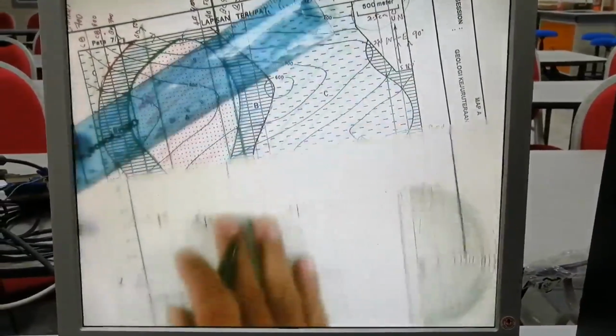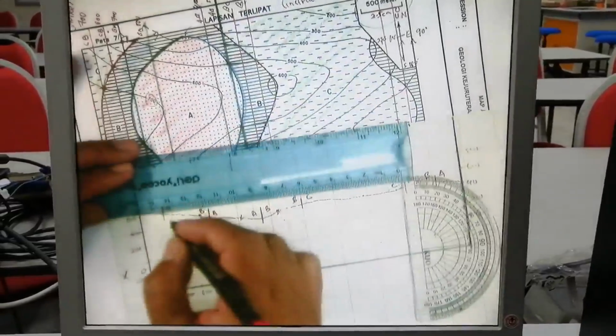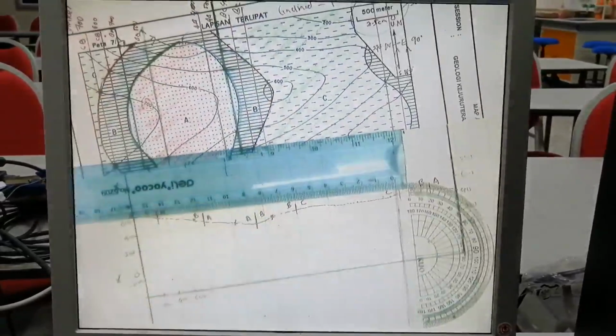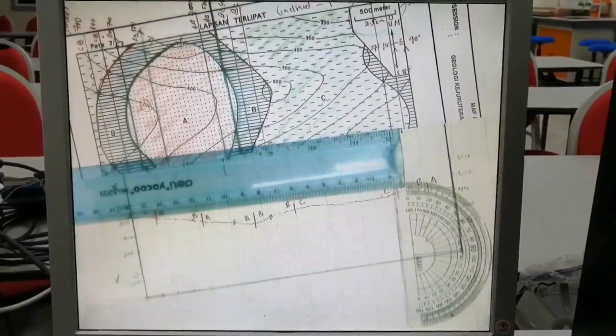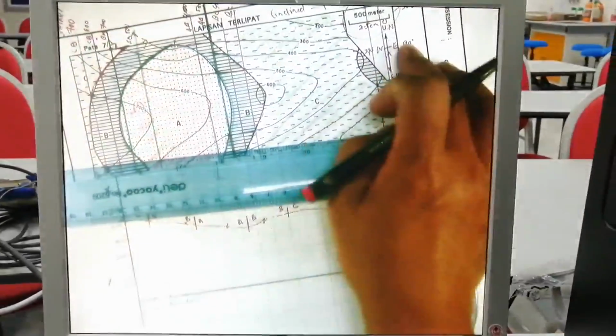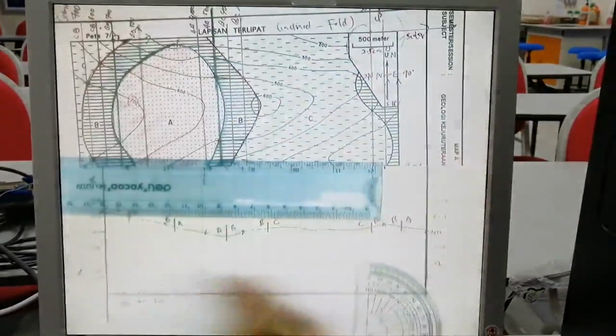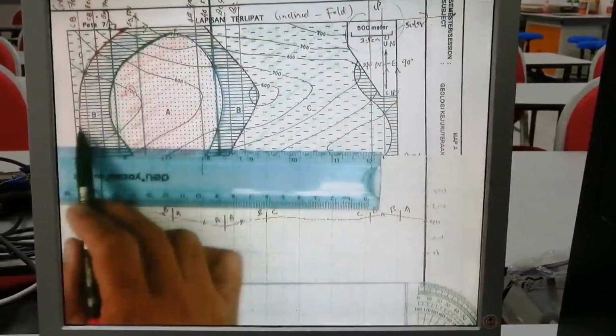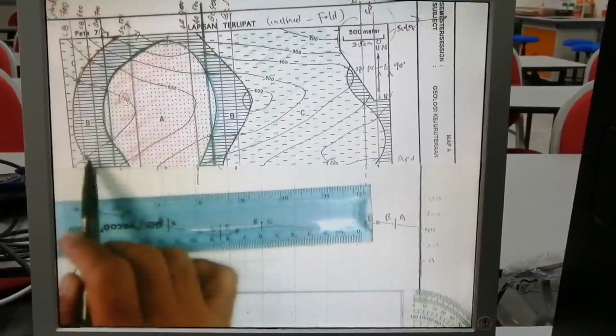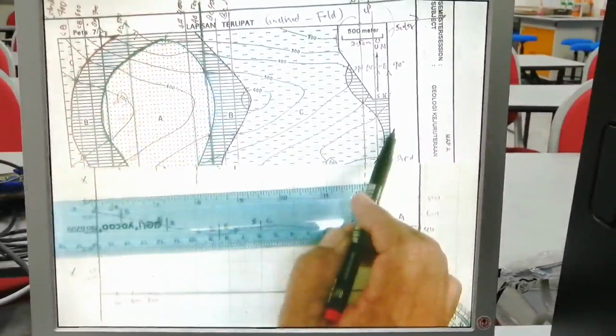Let's focus on CB. Our boundary is CB here. The direction of CB is toward 90 degrees, or towards the Y. So this direction for boundary CB is towards Y.